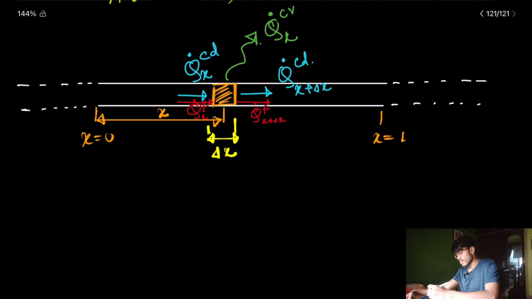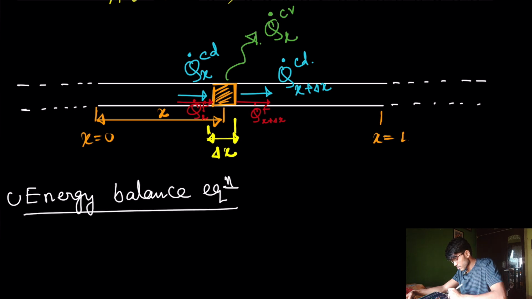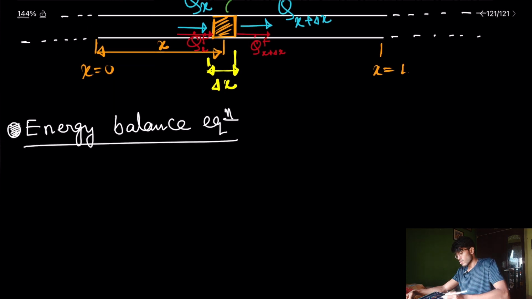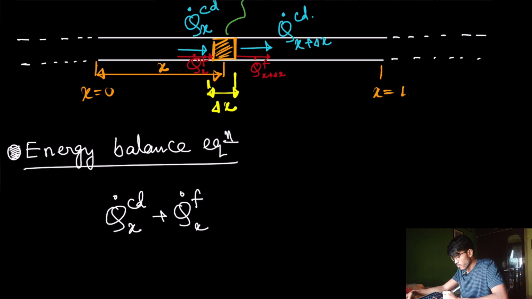So now I have to write the energy balance equation. Q dot x conduction plus Q dot flow is entering at x, and what are leaving?